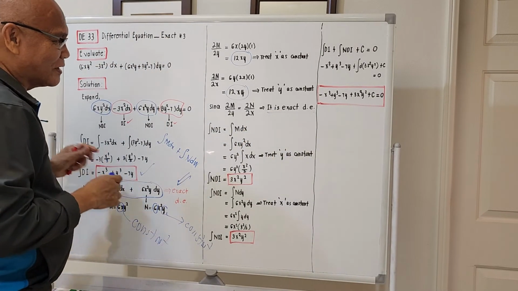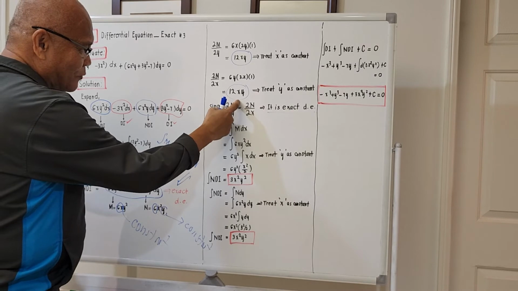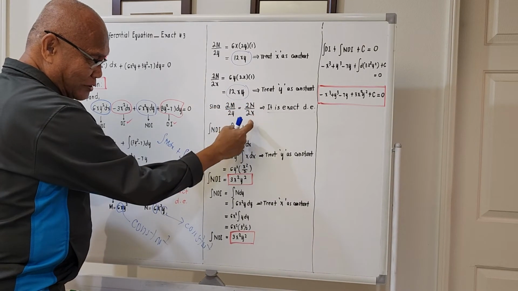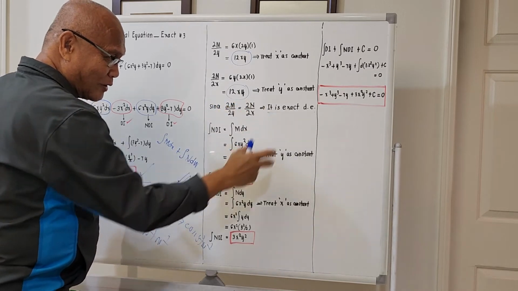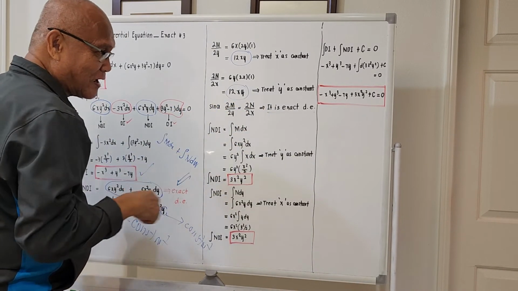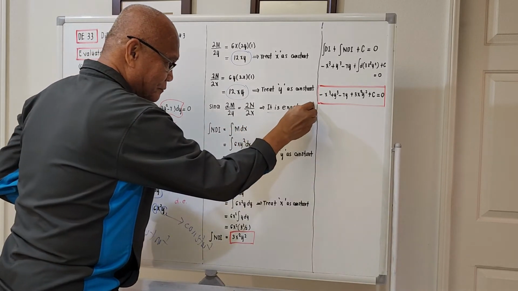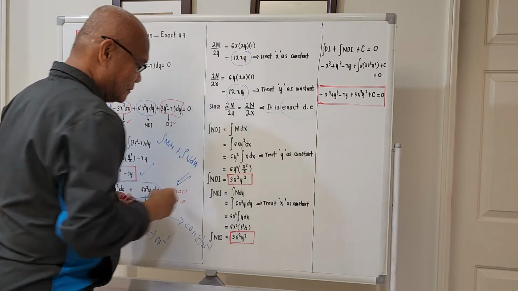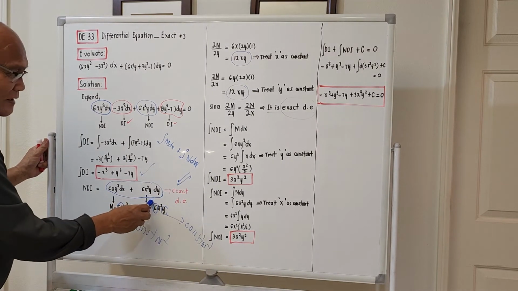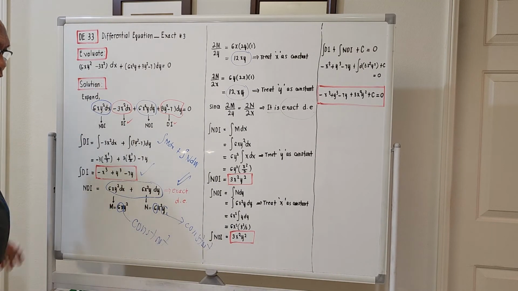So I place it here. Since the partial derivative of M with respect to y is equal to the partial derivative of N with respect to x, and since they are equal, the NDI is actually an exact differential equation. Meaning, the sum of these is actually an exact differential equation.